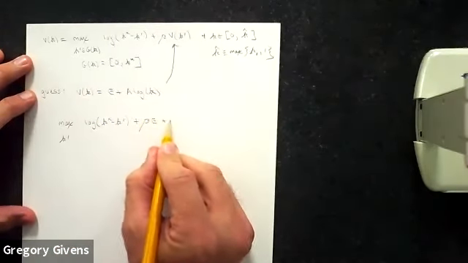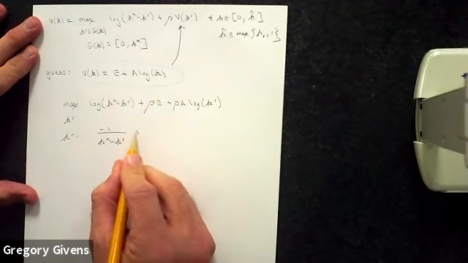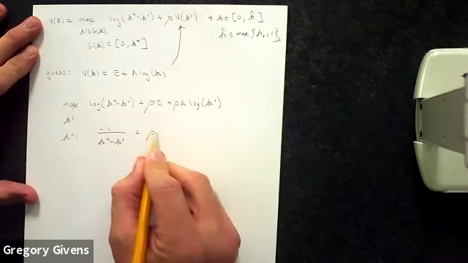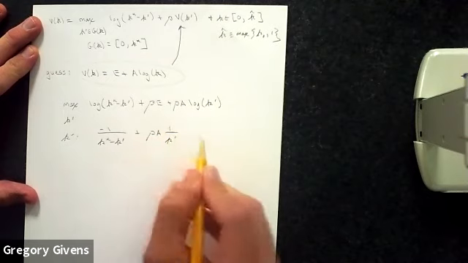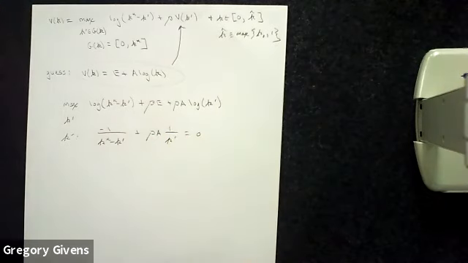Maybe this way makes more sense or is easier for you to think about. Okay, we can take first order conditions of this maximization problem. That's just going to be -1 over k to the alpha minus k prime, plus beta times a times 1 over k prime. All that's equal to 0, right?